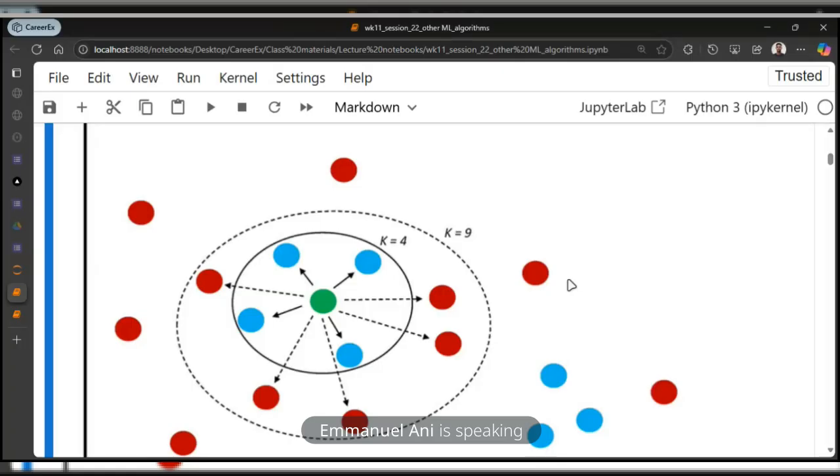All right. Remember in logistic regression, we talked about how it does its prediction.